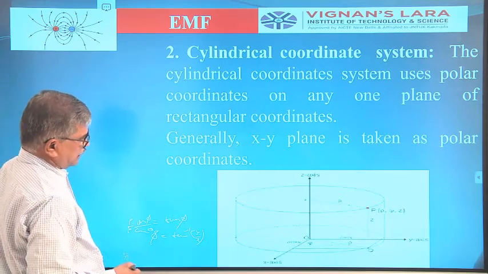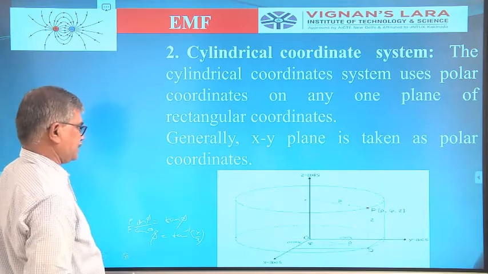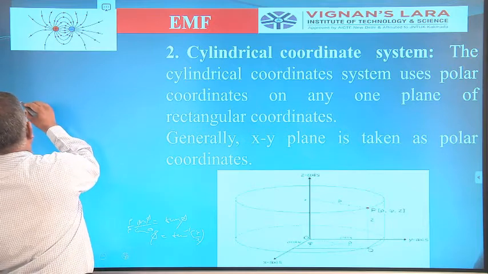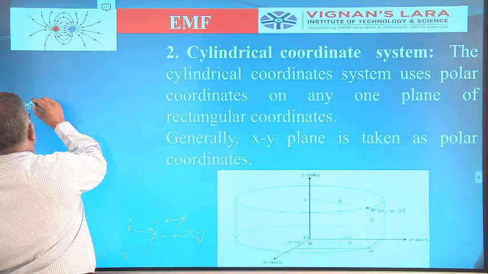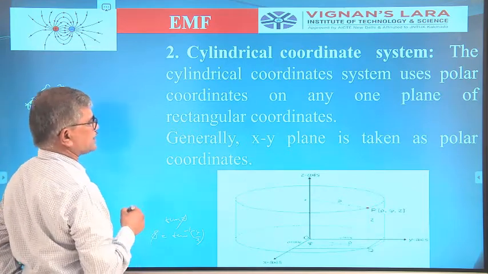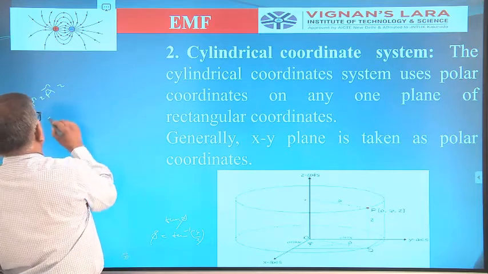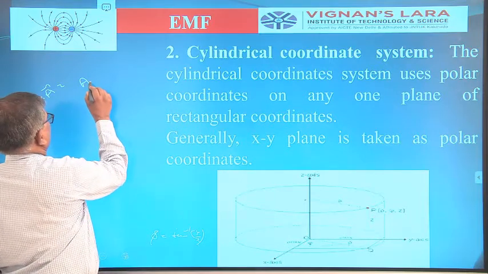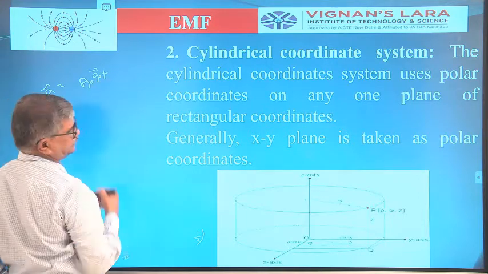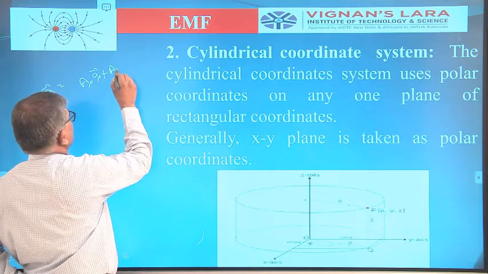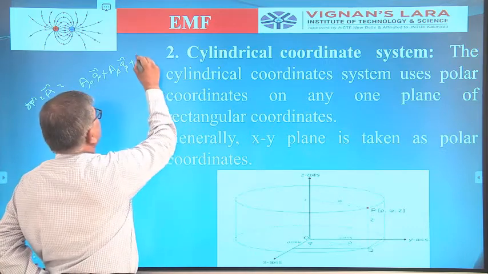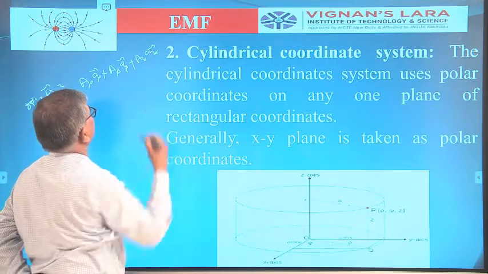Now consider the point P on the surface of the cylinder. So OP bar equal to A bar, the position vector, equal to A rho bar plus A phi bar plus Az bar.